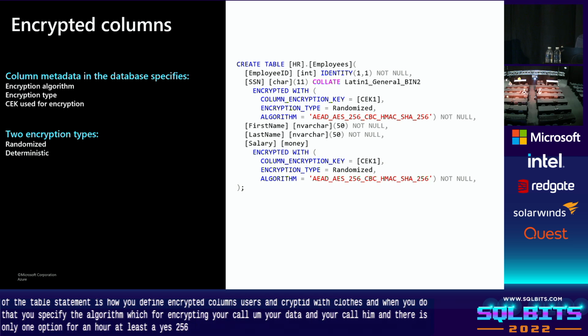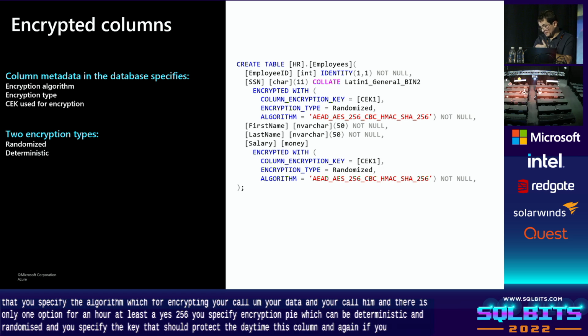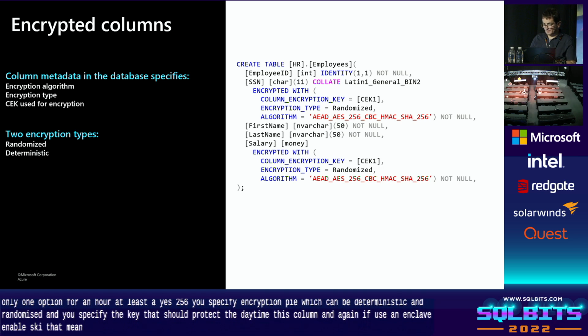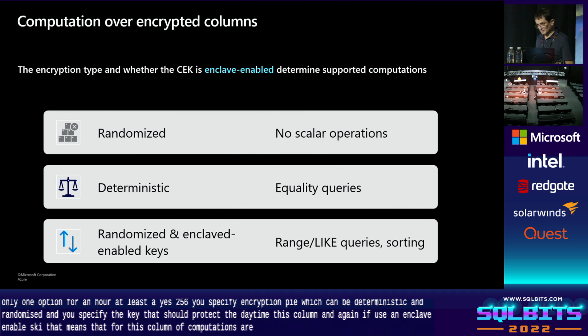You specify the encryption type, which can be deterministic or randomized, and you specify the key that should protect the data in this column. And again, if you use an enclave-enabled key, that means that for this column, enclave computations are supported, right?